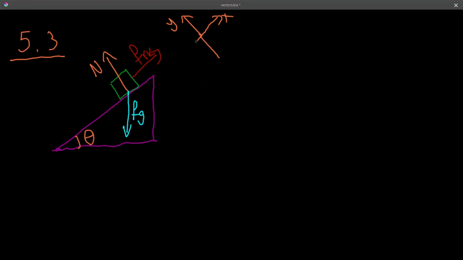So right now, what looks like it's tilted, because we tilted our entire viewpoint, right? It looks like Fg is tilted. So it looks like Fg is making an angle, right? And so when a force makes an angle, we can break that force into components. And that's what we do here.